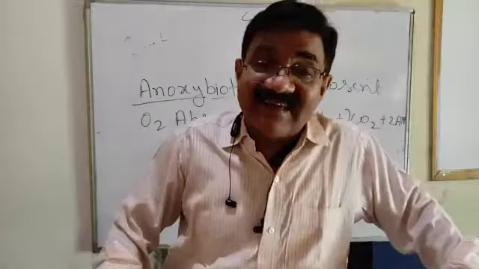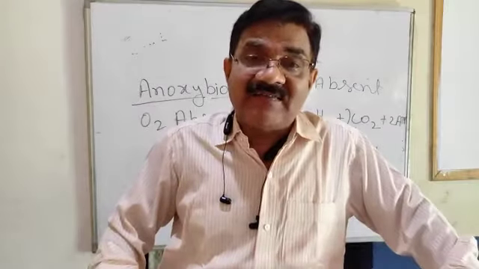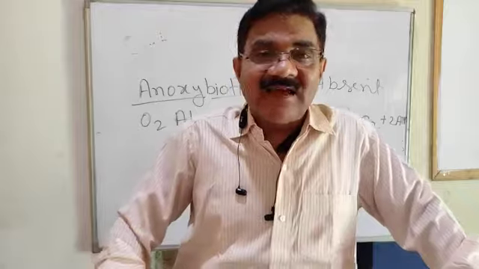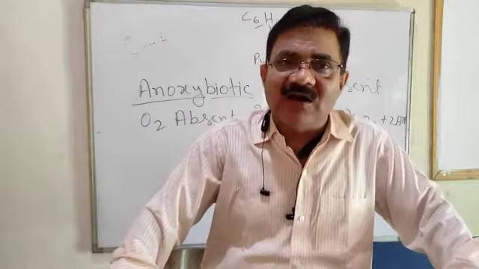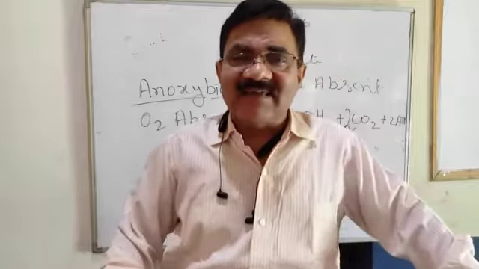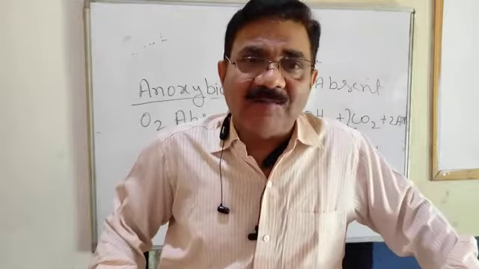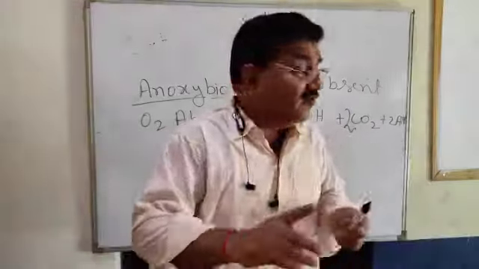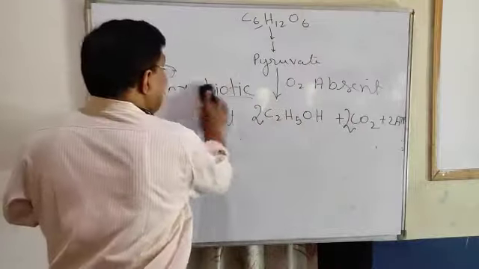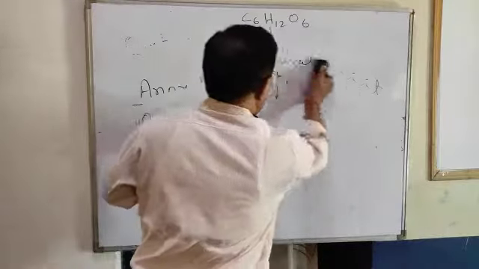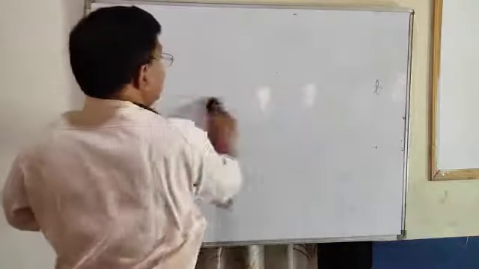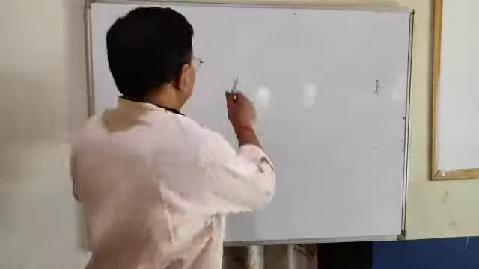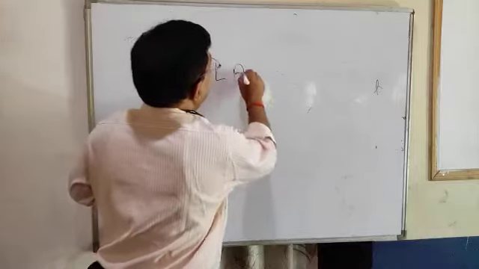In the muscle cell it will take place, and there the end product will not be ethanol, ethyl alcohol. In our muscle cell, ethyl alcohol is not produced. Then what is produced? That is the lactic acid. Dear children, yes, lactic acid is produced in the muscle cell.